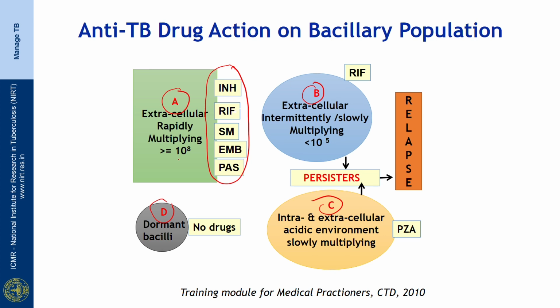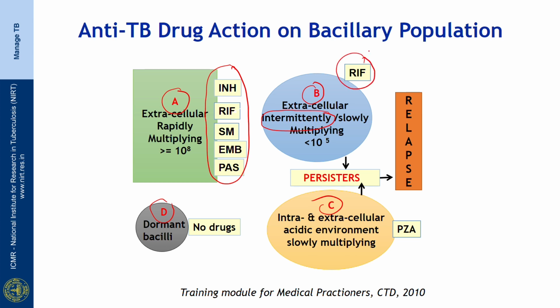But when it comes to slowly multiplying bacteria, group B and group C, group B bacteria are characterized by slowly multiplying, and also they multiply intermittently in spurts. So the only drug that acts upon this group is rifampicin.